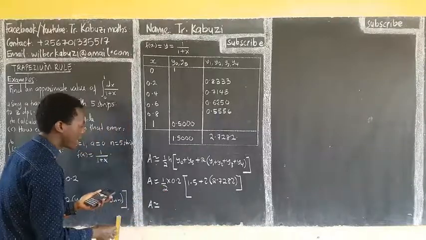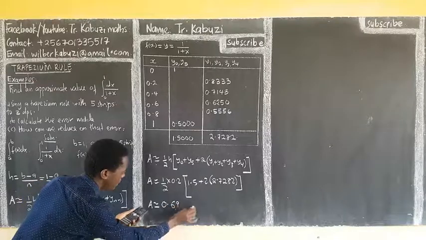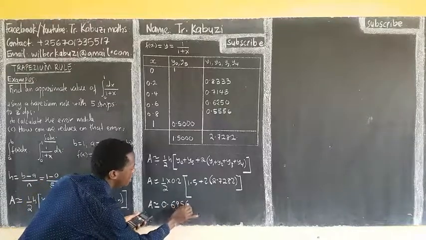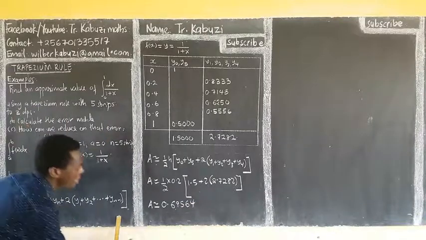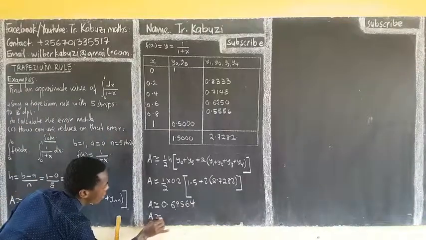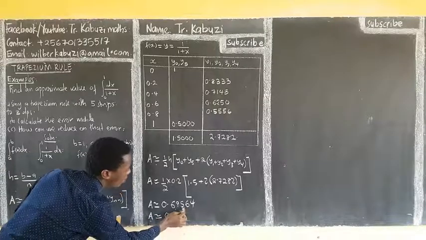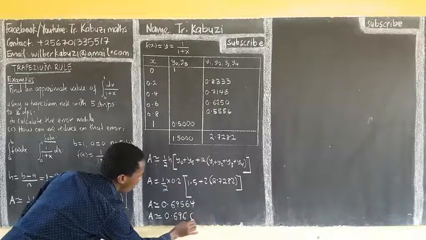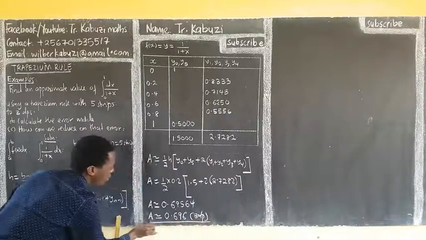So here the answer I'm getting is 0.695564. But our question said it's 3 decimal places. So now my answer will approximately be 0.696. Now these are 3 decimal places. So that will be your answer.